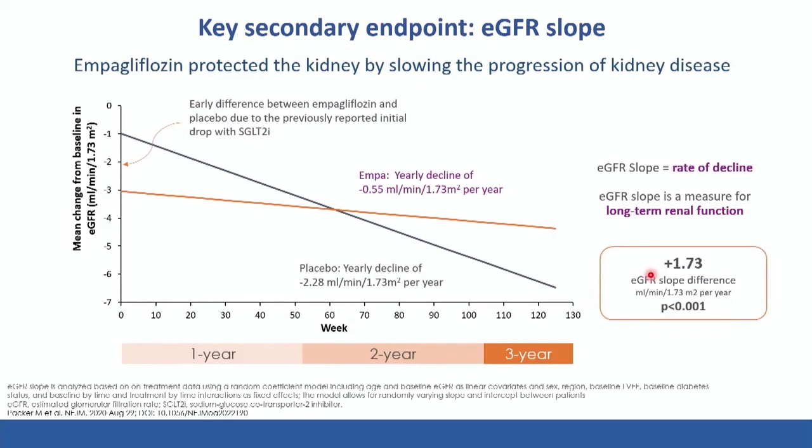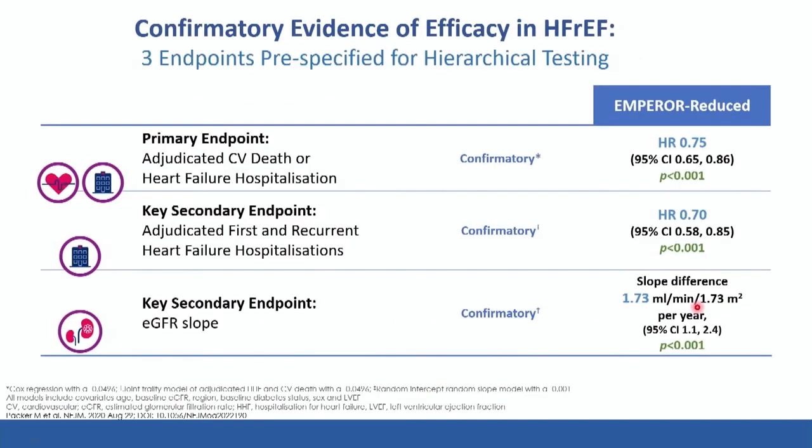And in the key secondary endpoints, empagliflozin protected the kidney by slowing the progression of kidney disease, and once again this p-value is significant. So from this EMPEROR-Reduced trial, we have the confirmatory evidence of efficacy of this molecule in heart failure with reduced ejection fraction. When we take all the primary endpoints, key secondary endpoints, and the eGFR slope, all confirmatory evidences are there.